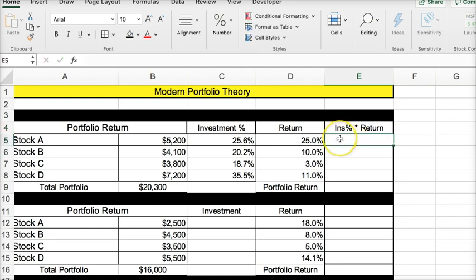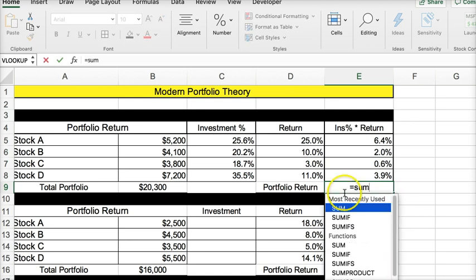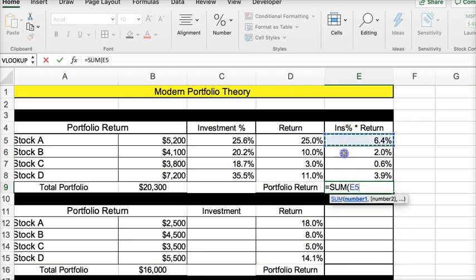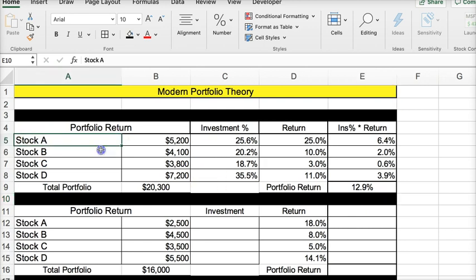So that's basically saying investment percentage times the return, and that gives us, copy this down, and then we're going to find the summation of these 4 returns, and we've calculated the portfolio return.